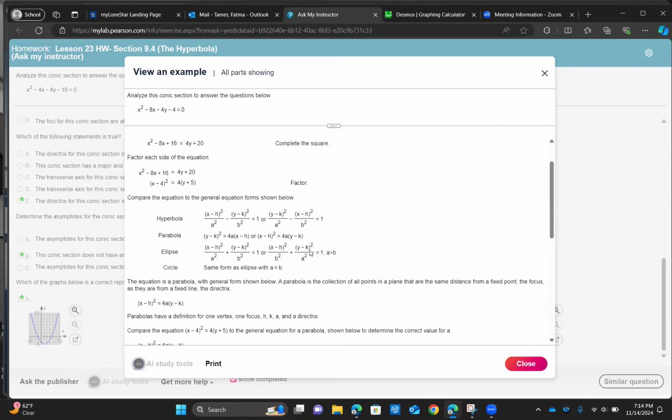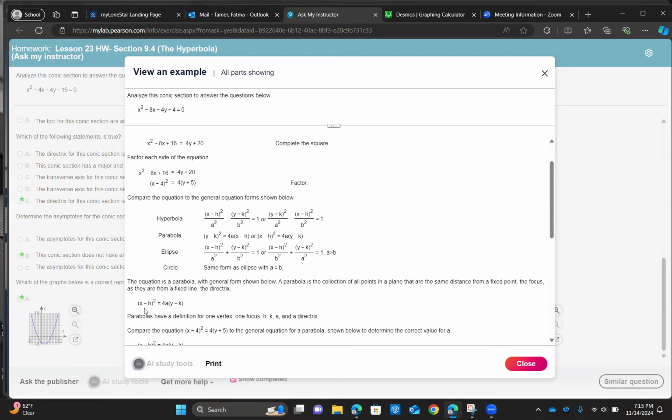For ellipses, it is almost the same formula as the hyperbola, but the sign is plus. And then the circle has the same form as the ellipse, but for a circle, a and b are the same number. So x minus 4 squared is equal to 4 times y plus 5 matches the parabola general equation.